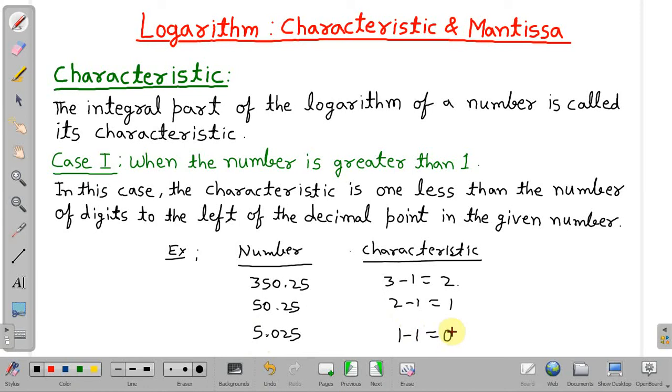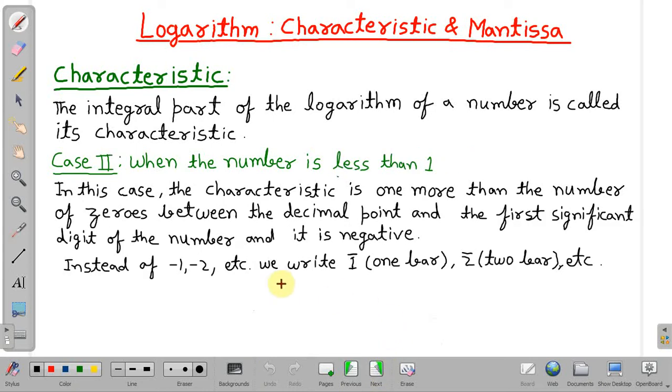Okay. Now we will discuss the second case, that is when the number is less than 1. In this case, the characteristic is 1 more than the number of zeros between the decimal point and the first significant digit of the number.